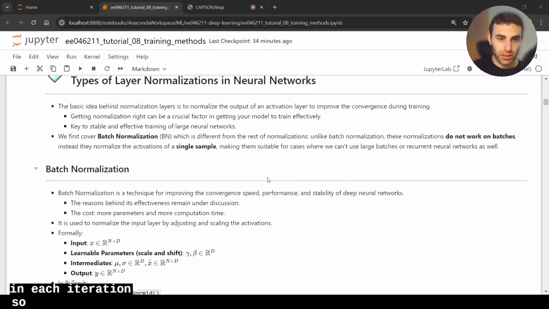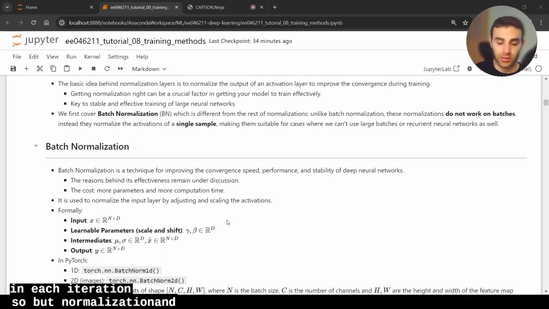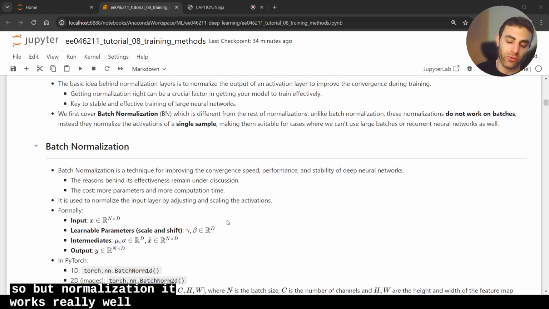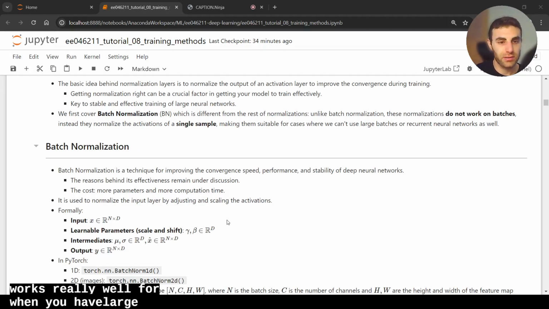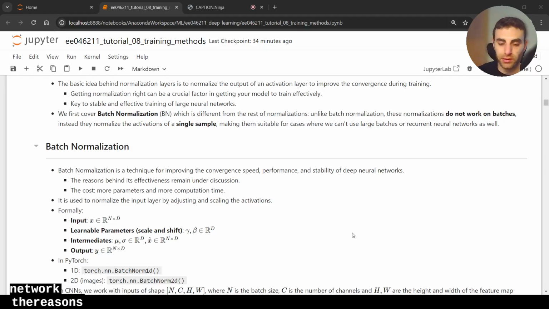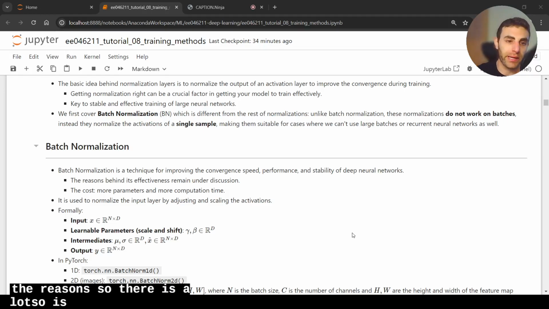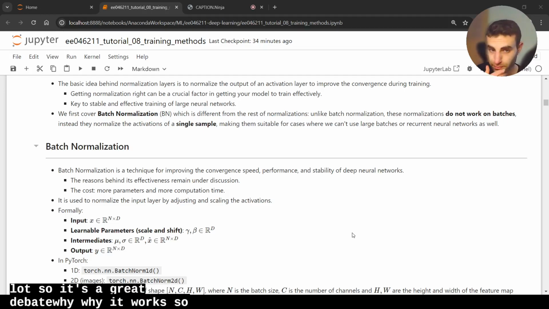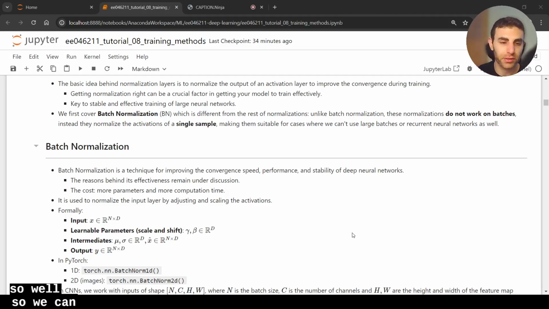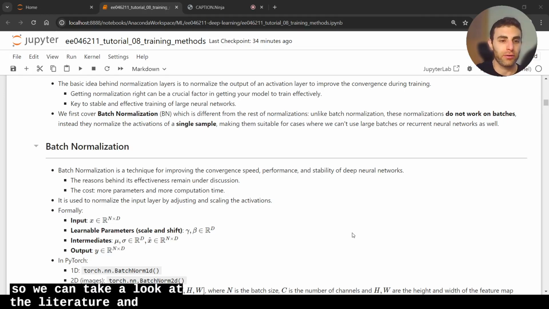Batch normalization works really well when you have large batches. And it's basically what we see in practice, that it improves the convergence speed, the performance and the stability of deep neural networks. As for the reasons, there is a great debate why it works so well. You can take a look at the literature and pick your favorite reason.